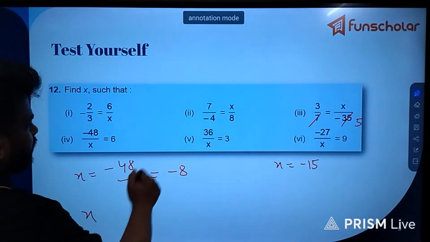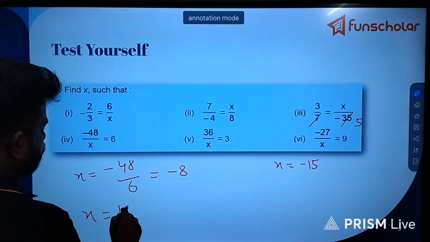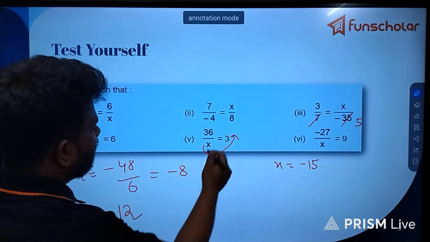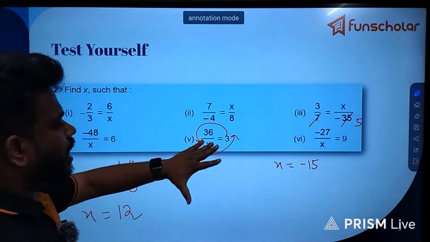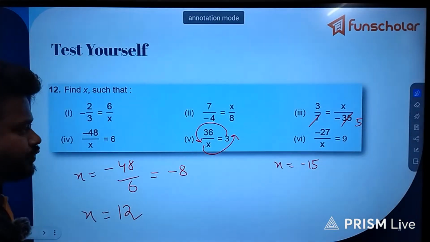The next one, it will be x equals 12. If we take x here and take 3 here, we can divide 36 by 3 to have the answer as 12.